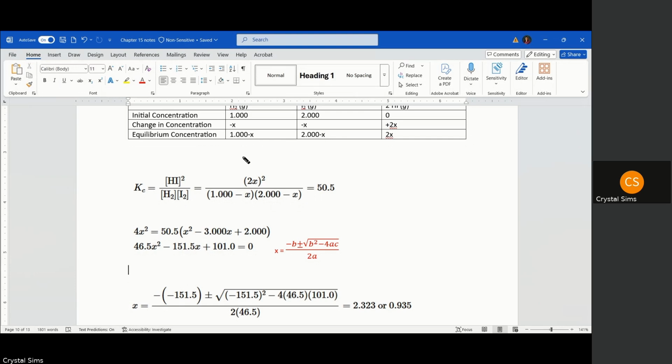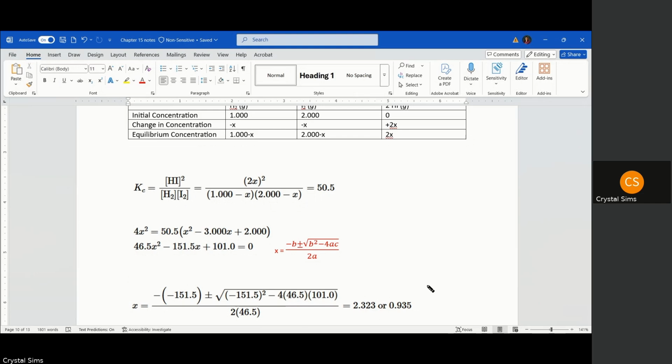Well, I can't have a negative concentration. I can have 0, I can have none, but I can't have a negative number there. So that tells me that this is not a real solution to this problem. So I'm going to go with 0.935.